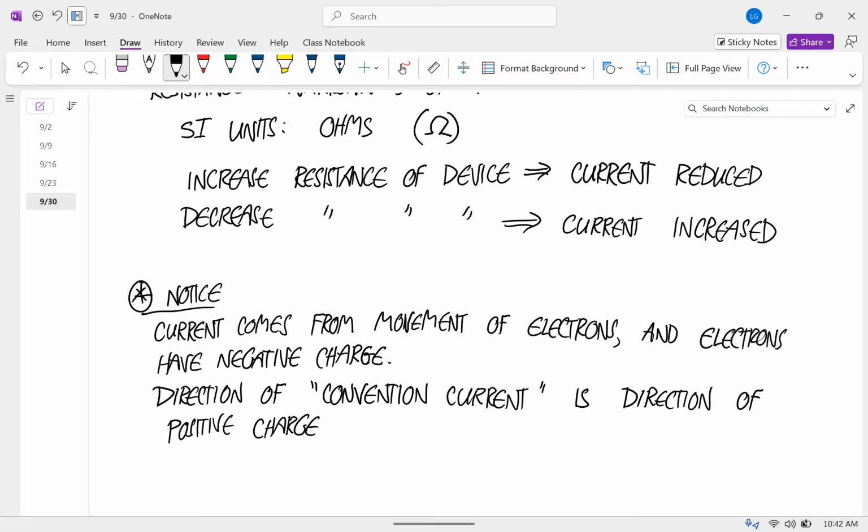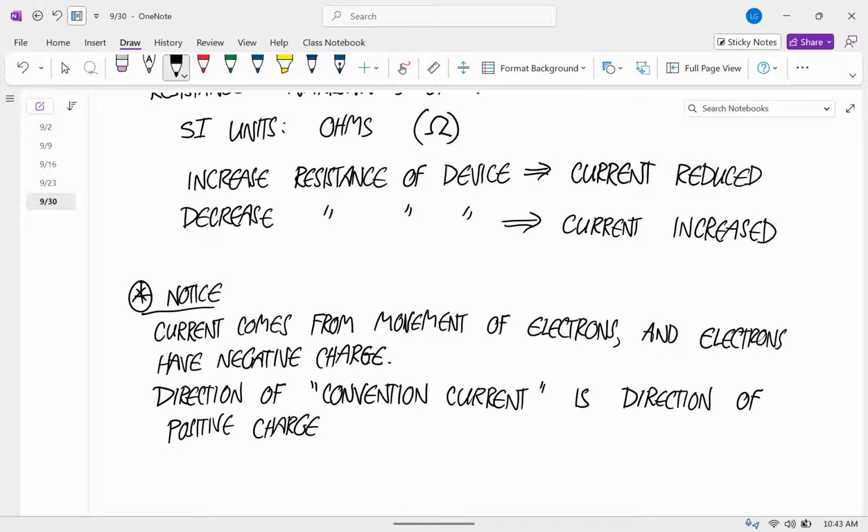So what we're going to call a positive current, or the direction of current, is actually the opposite direction that electrons flow. That won't matter for our calculations, but if it ever pops into your head, wait, how does moving negative charges make this all work?